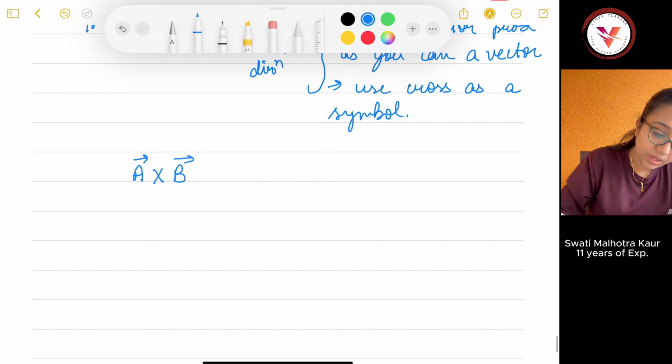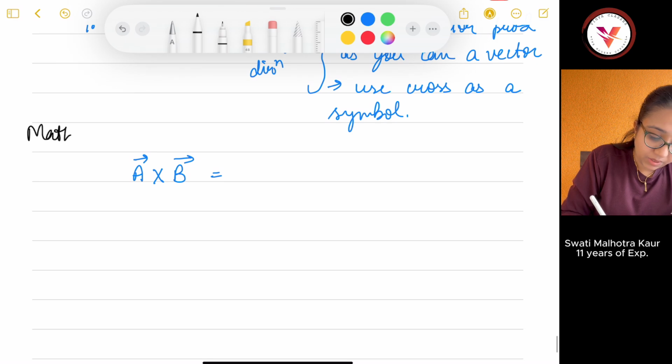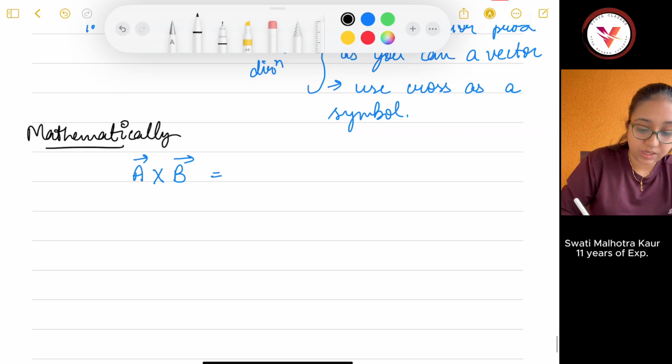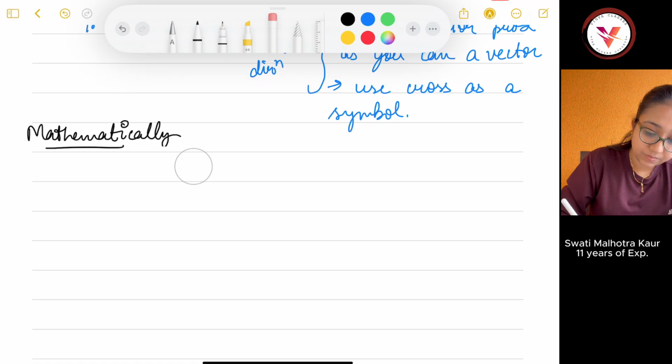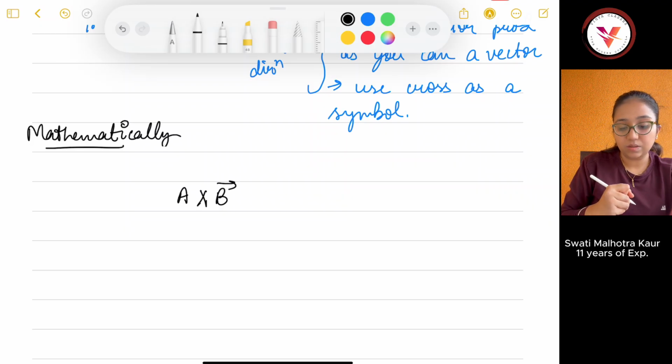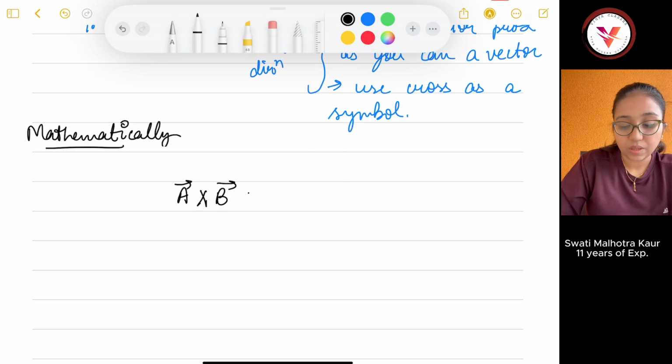But mathematically, this A cross B can be written as what? A cross B is equal to magnitude of A, magnitude of B with sine theta.